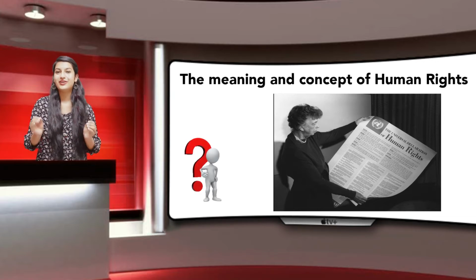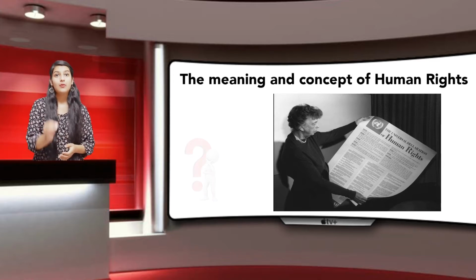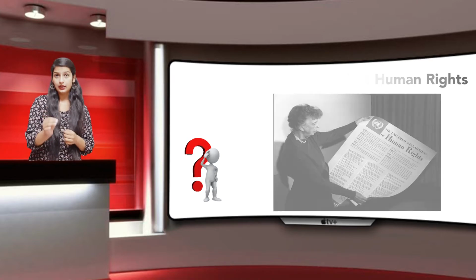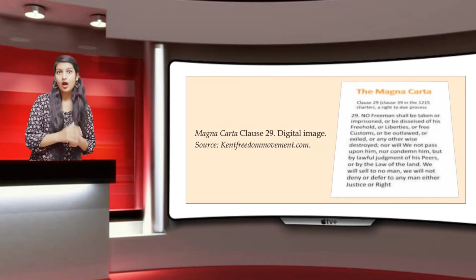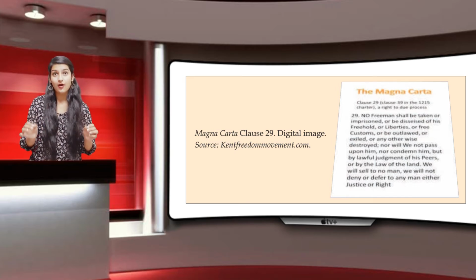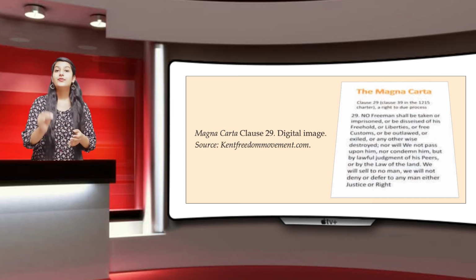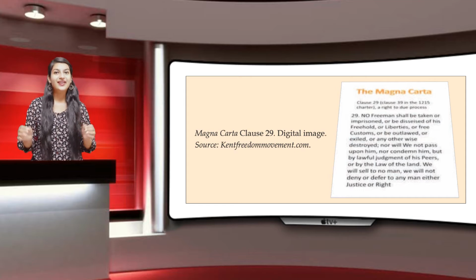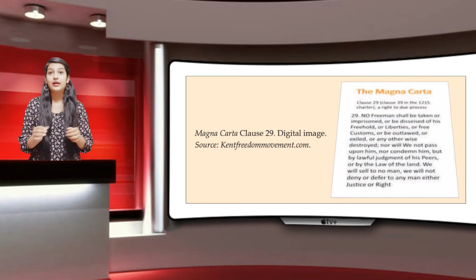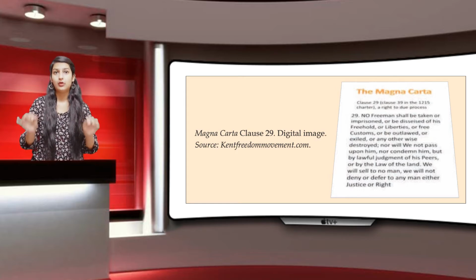form of human rights. However, in the medieval era, the modern concept of human rights was substantially documented in the English Magna Carta of 1215 and the English Bill of Rights of 1689. So the Magna Carta of 1215 was an agreement between the English King John and barons who were unhappy about the taxation policies of the monarch.